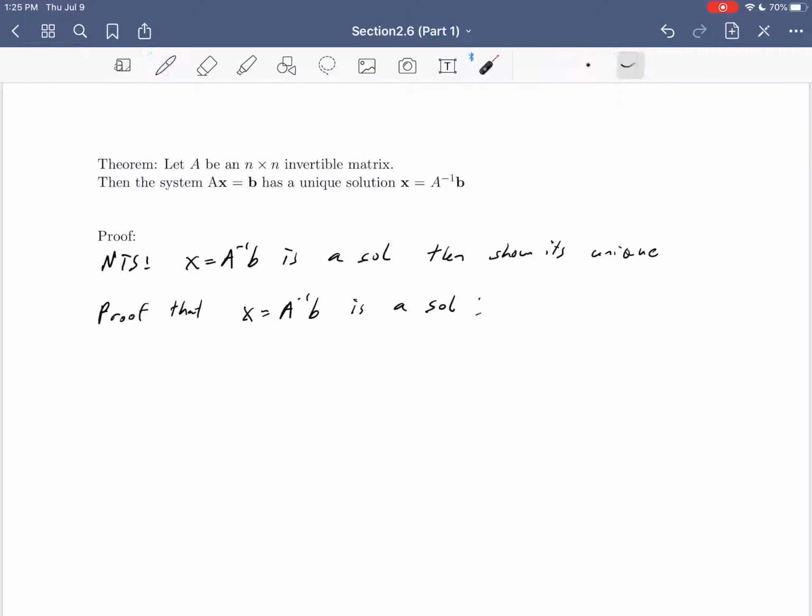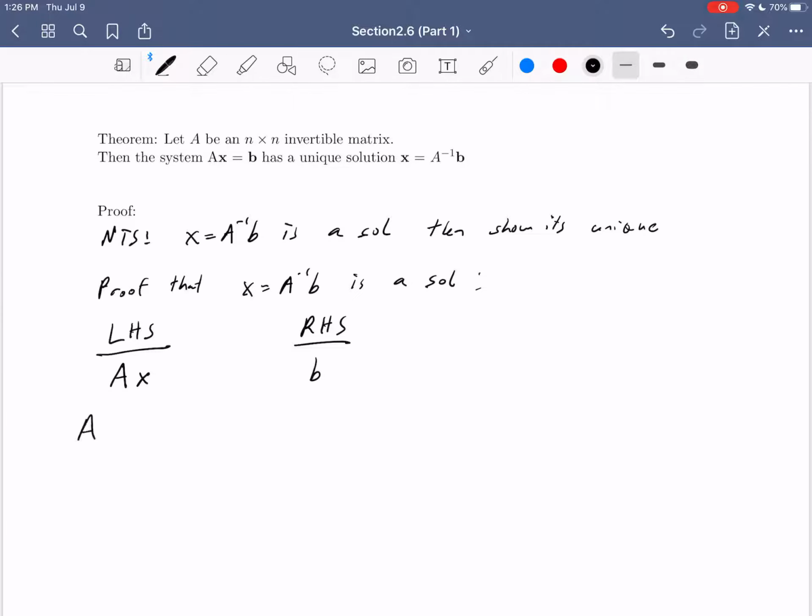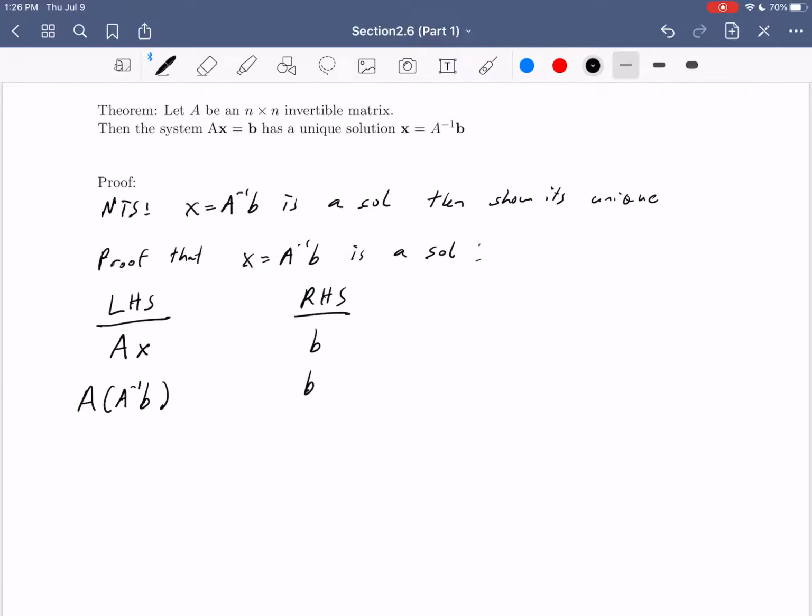Okay, so we need to show that this is a solution to this. How do we do that? Well, we just simply plug in. So the left-hand side would be Ax. The right-hand side is just b. The left-hand side then would become A times A inverse b, because that's what we're plugging in for x, and the right-hand side is still just b.